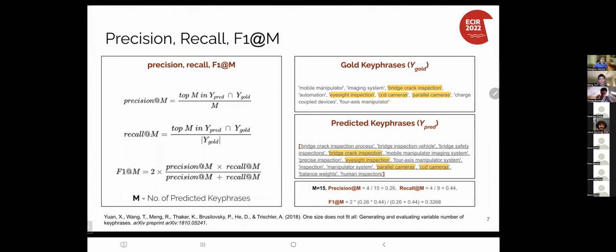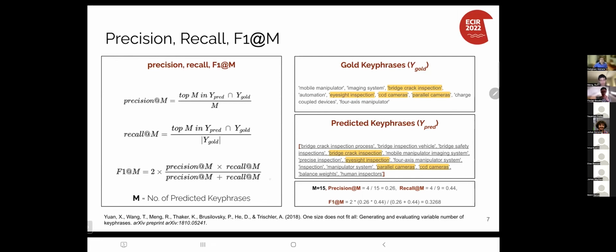And then F1 at M is calculated as usual. So in the example shown over here, M is equal to 15, and all the key phrases which are underlined are taken into consideration for calculating precision, recall and F1 at M.